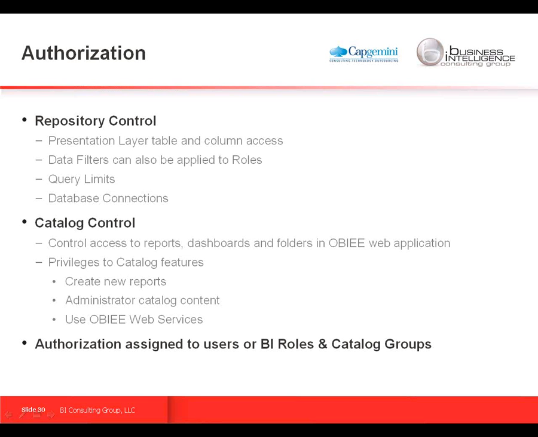In 10g, the BI roles were called groups. In 11g, they're now called roles. And the idea here is that we want to assign those roles and catalog groups based on your PeopleSoft roles. So again, not having to maintain roles in two separate places.